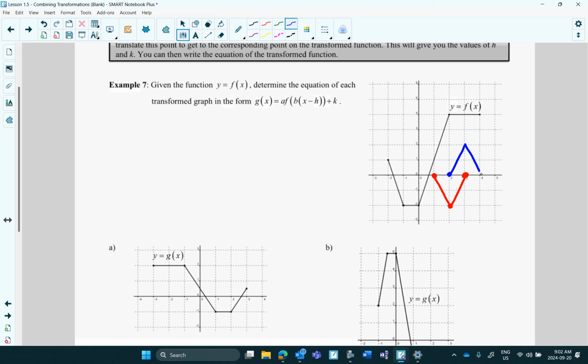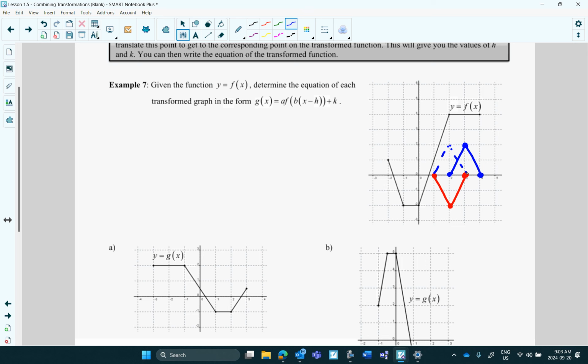This is getting a little bit more complicated. From red to blue. Horizontal flip. Horizontal flip takes it over here and it's still a V. Vertical flip takes it up here. So vertical flip, yes.